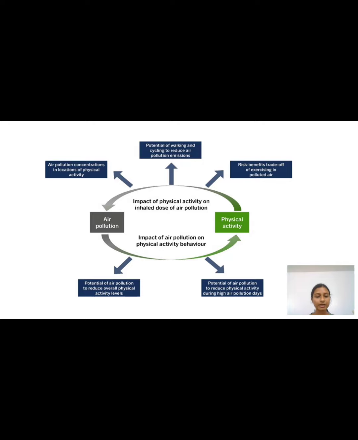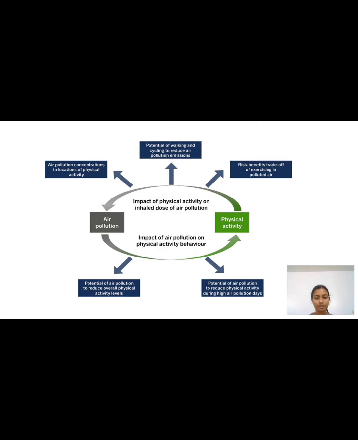This is divided into three types: air pollution concentrations in locations of physical activity, the potential of walking and cycling to reduce air pollution emissions, and the risk benefits trade-off of exercising in polluted air.